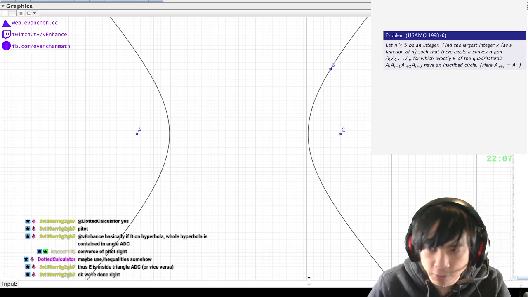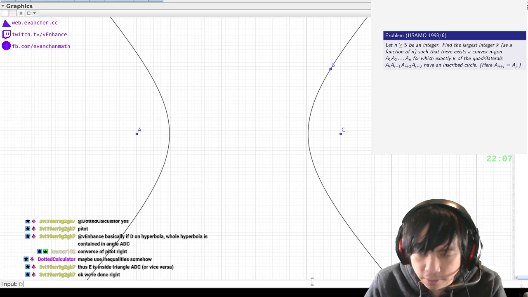If D is on the hyperbola, then the whole hyperbola is contained in angle IADC.